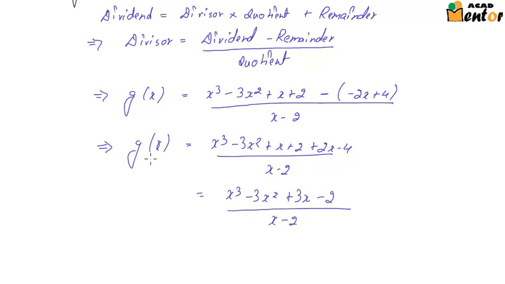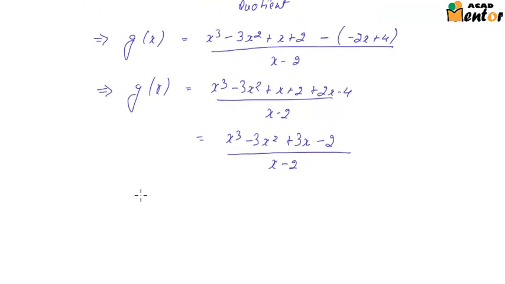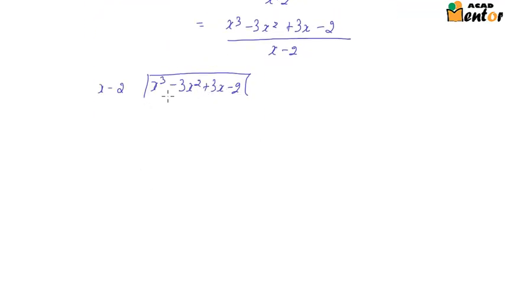So the value of gx would be the value that we'll get from solving this. So let's divide this polynomial by x minus 2. So the first term will be given as when x cube is divided by the first term of the divisor, which is x. So x cube divided by x would be x square. The first term of quotient would be x square.